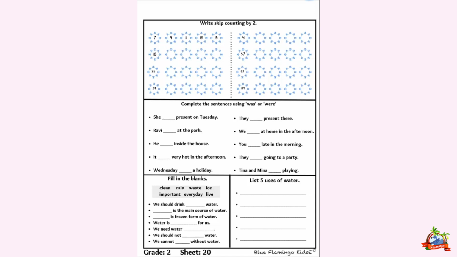Dash is the frozen form of water. Frozen means which is frozen, जो जमा हुआ form होता है. That is ice. I-C-E. Ice is the frozen form of water.